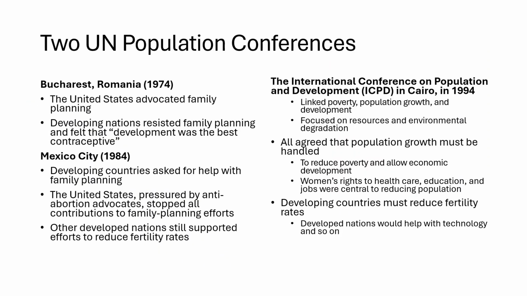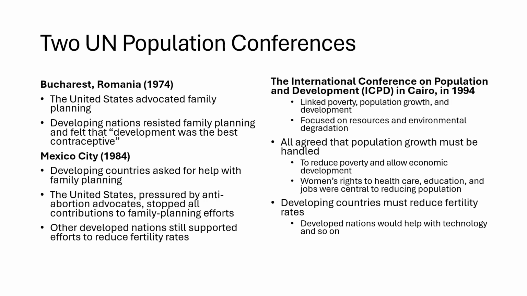So those efforts to lower fertility rate, very, very quickly, it was understood in the United Nations that in order to reduce poverty, you need to reduce fertility rate. And so in 1974, you had the first real discussion about how this can be done.